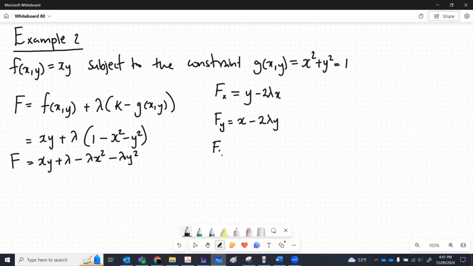And then we have f with respect to lambda. This is 0, this is 1, this is minus x squared, and this is minus y squared. And we know that at our critical points, each of these must be equal to 0.